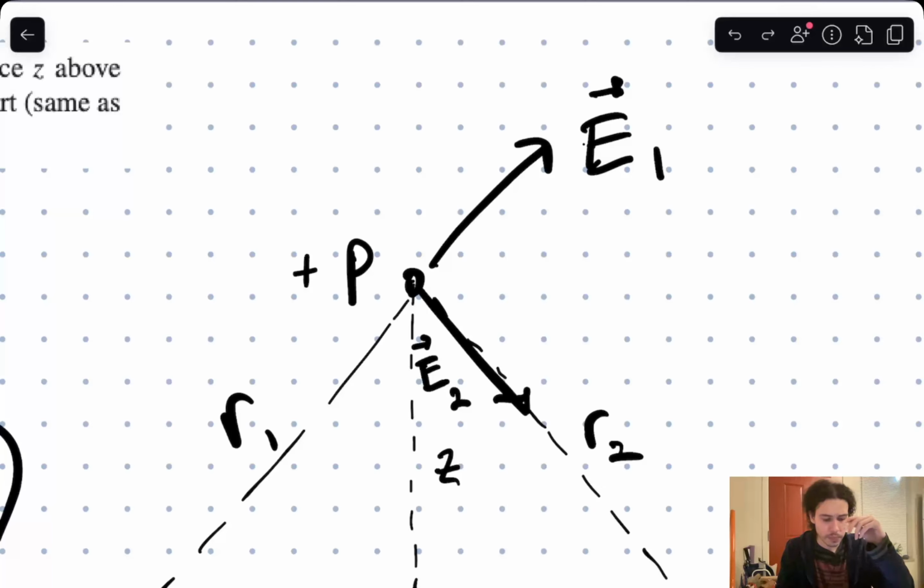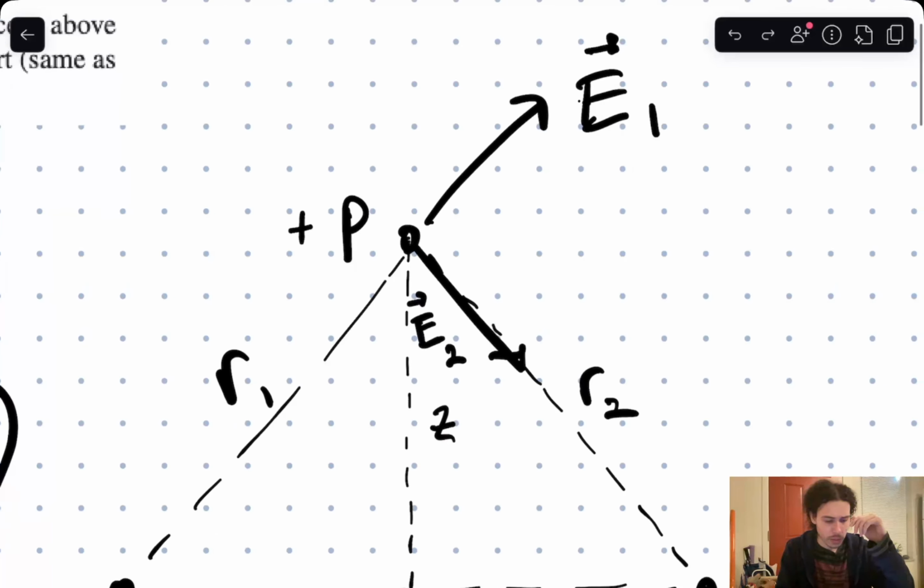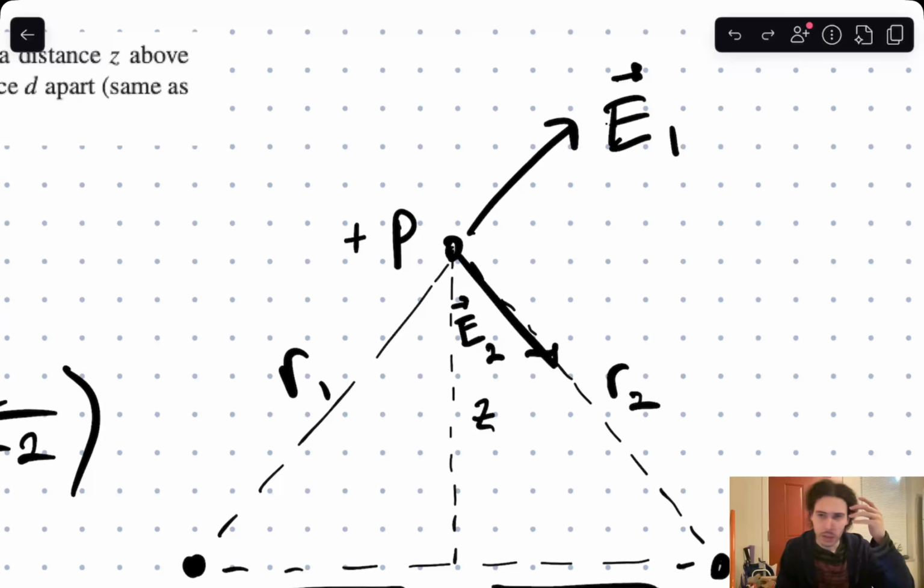Now, we continue doing a little bit of this kind of geometry to simplify the actual computation that we're going to do. Both of these vectors are exactly the same length, they're just in different directions.